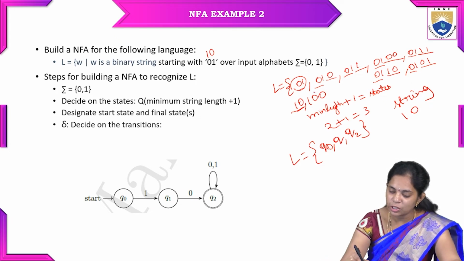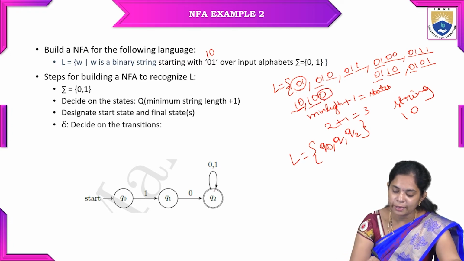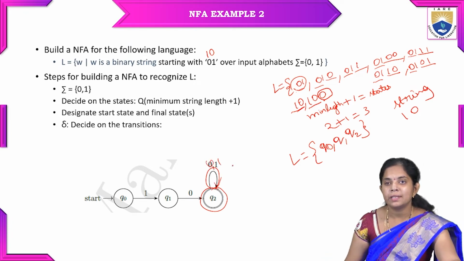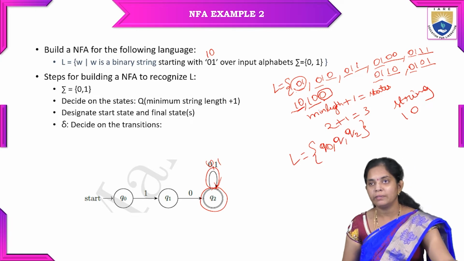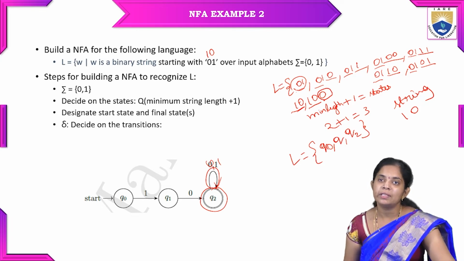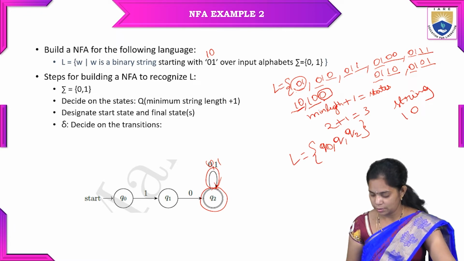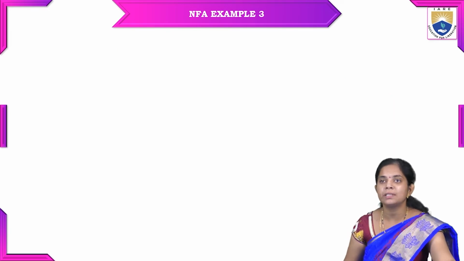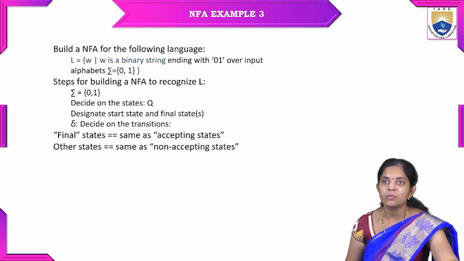The first condition should be satisfied, and afterwards whatever follows is handled by the loop on 0, 1. This is the construction of the NFA for the language starting with 01 or 10.